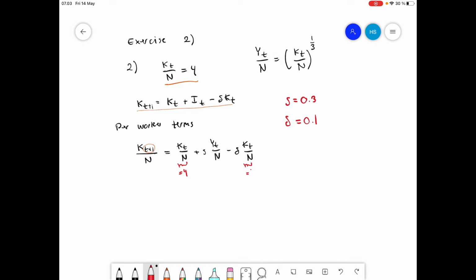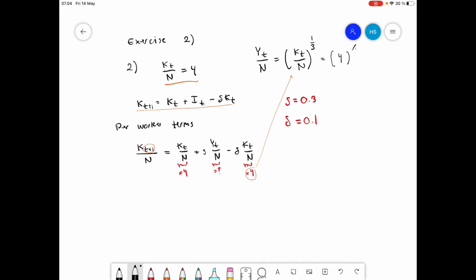Here we have it again, KT over N, that is the initial capital stock in per worker terms, that is 4. And then we have the output in per worker terms, which is unknown, but since we know that the capital stock in per worker terms initially is equal to 4, we just plug the 4 into our output per worker function.